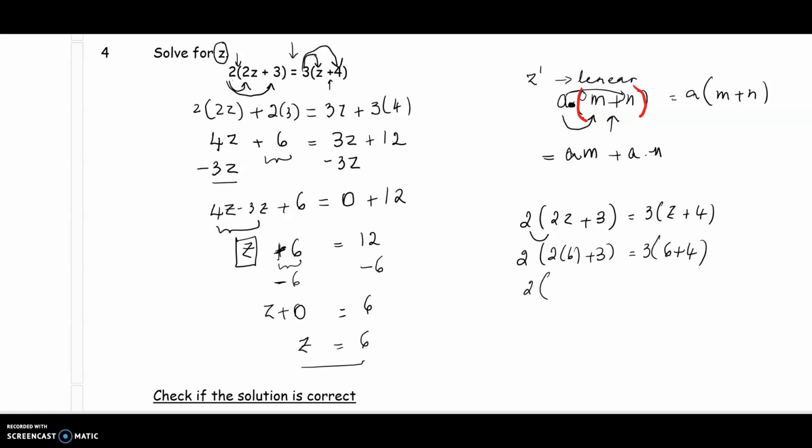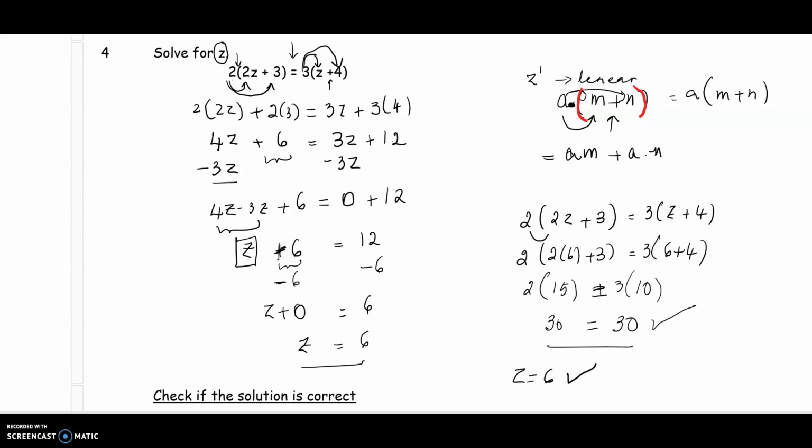So 2 times 12 plus 3, 6 2s are 12, plus 3 is 15, is equal to 3 times 6 plus 4 is 10. 15 times 2 is 30, and 3 times 10 equals 30. So 30 equals 30 tells us that the equation is still balanced, which means z equals 6 was a correct solution. So that's one solution to the equation.